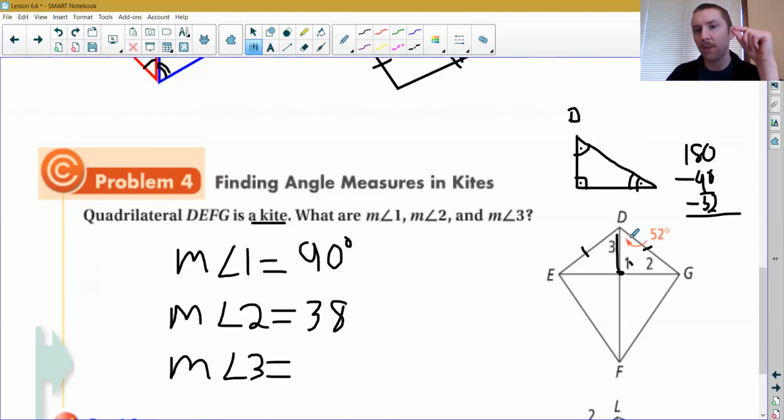This 52-degree angle and angle 3 are in corresponding positions, and corresponding parts of congruent triangles are congruent. So angle 3 is 52 degrees. We're using the idea of congruent triangles, 90-degree angles, and angles that we know to find missing angles in a kite.